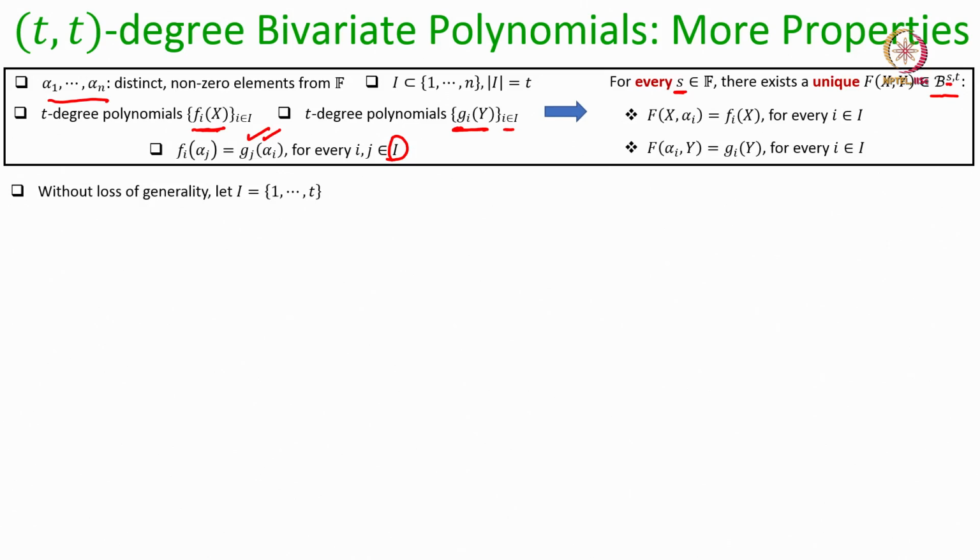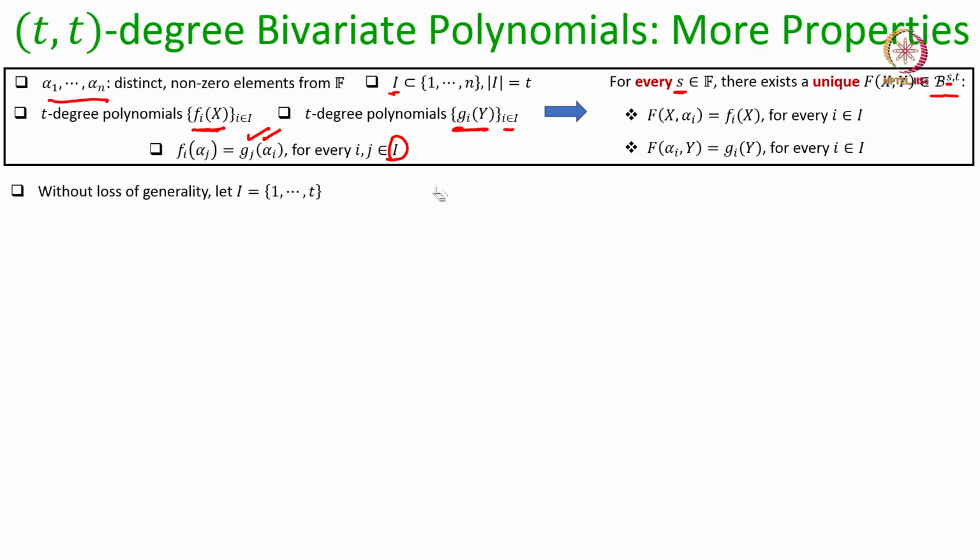So, as I said, this index set I could include any of the t evaluation points from alpha 1 to alpha n. It could be the first t evaluation points, it could be the last t evaluation points, it could be, for instance, alpha 1, alpha 3, alpha 4, and so on. Okay.